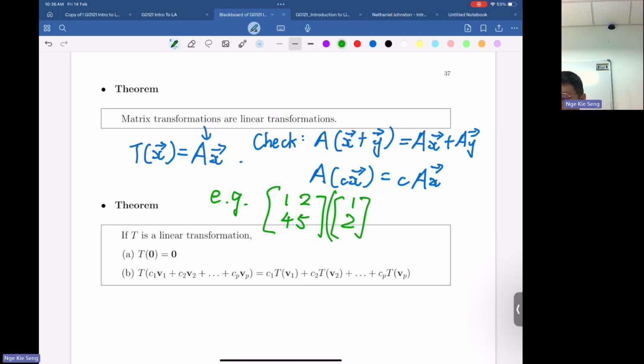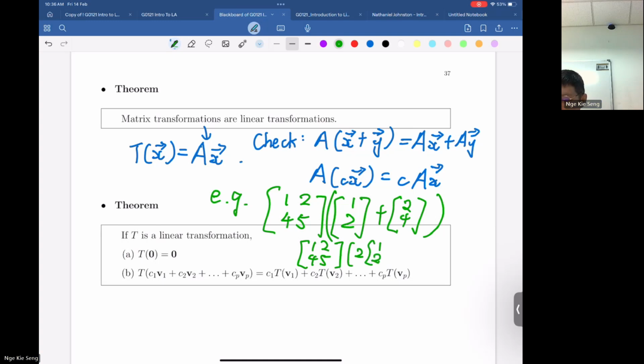Maybe try this kind of example to see it. Anything you can try out. Try a few examples, then you can see.